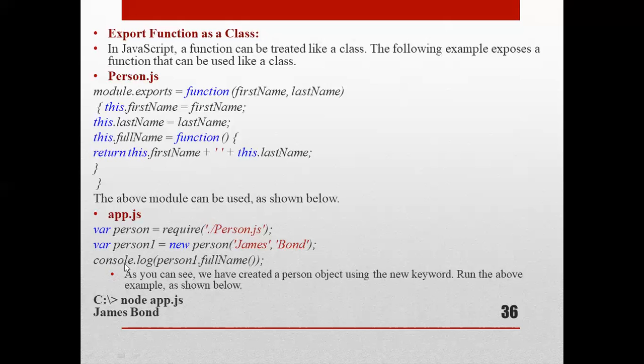And we are going to print it with console.log. What we print is person1.fullName. Here fullName is from this module, and it will act as a function, because fullName is a variable from this module. We have created a person object using the new keyword. After running this application, app.js, we get the output James Bond.